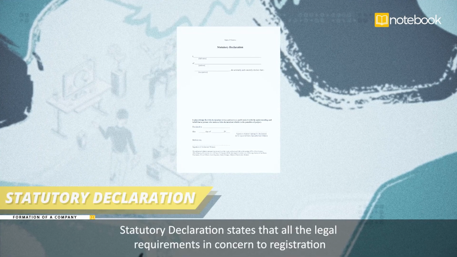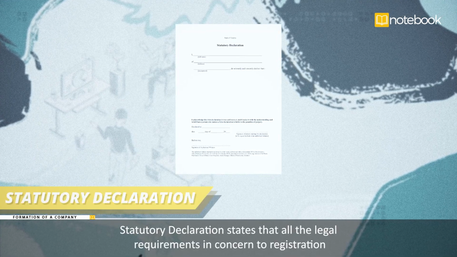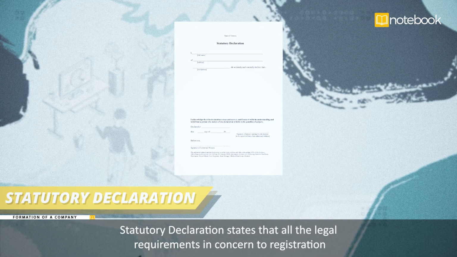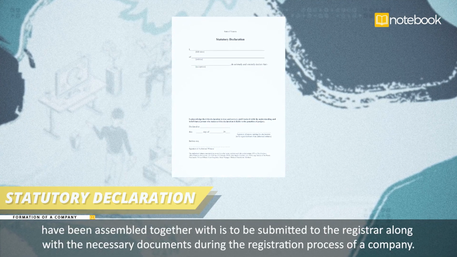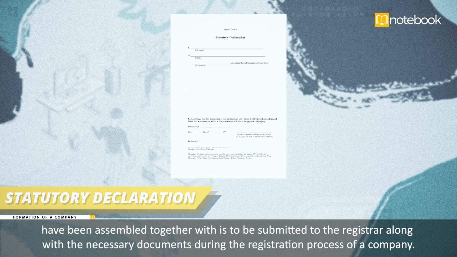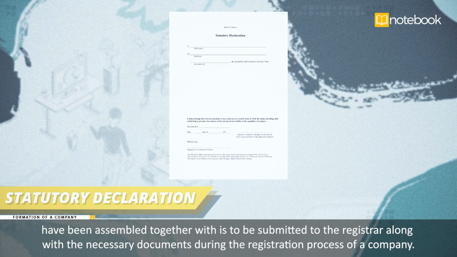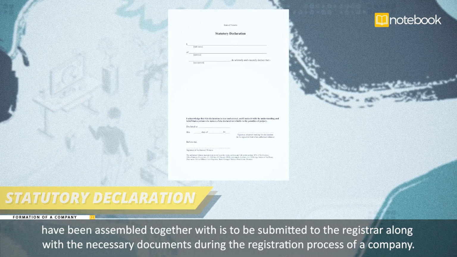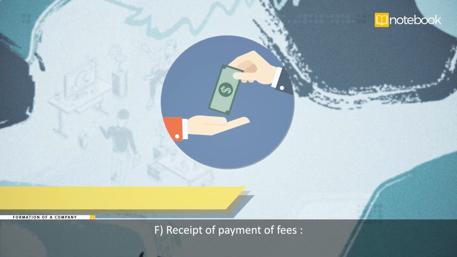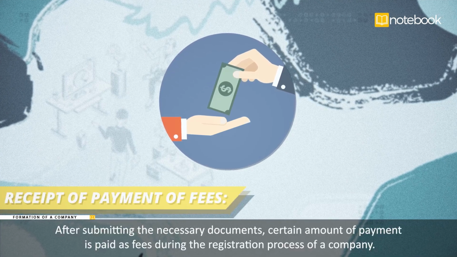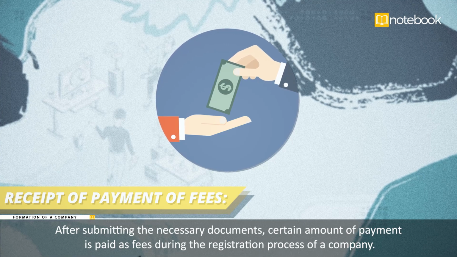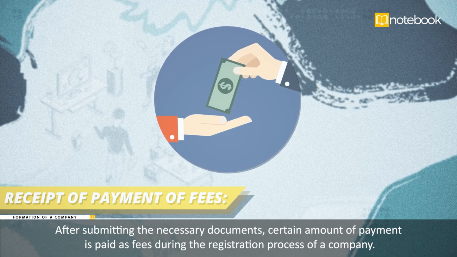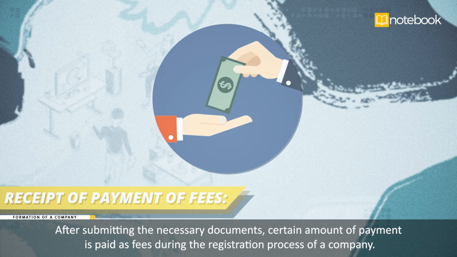A statutory declaration states that all the legal requirements concerning registration have been complied with, and it is to be submitted to the registrar along with the necessary documents during the registration process of a company. Receipt of payment of fees. After submitting the necessary documents, a certain amount is paid as fees during the registration process of a company.